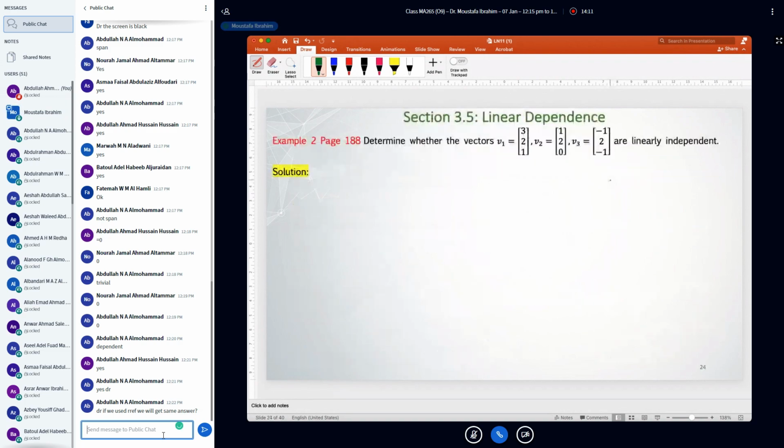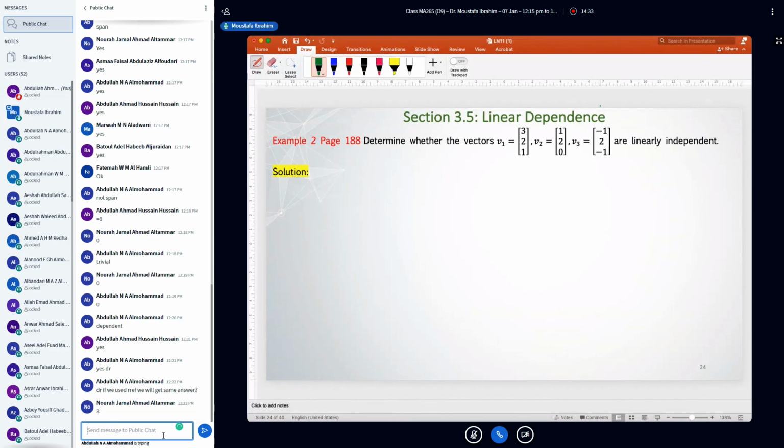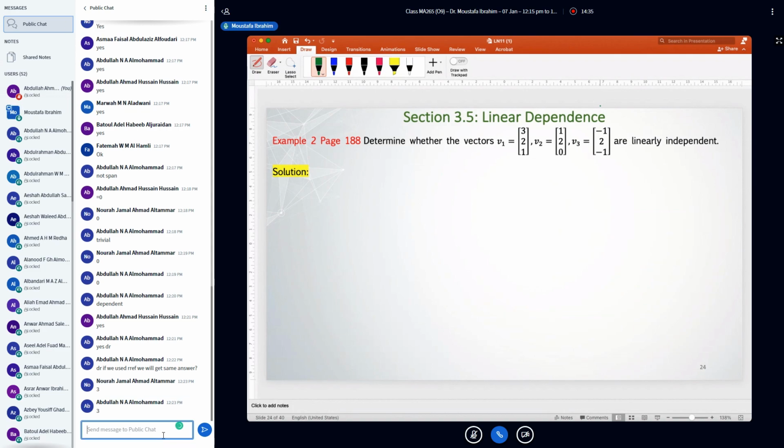Okay, let's start this exercise. Here we have how many vectors? We have 3 vectors, and we want to see if they are linearly dependent or independent. So let's write the definition.